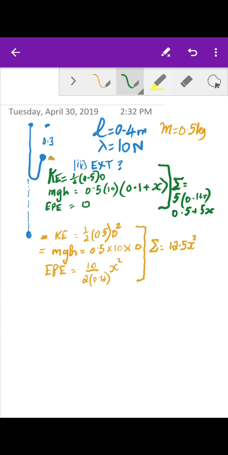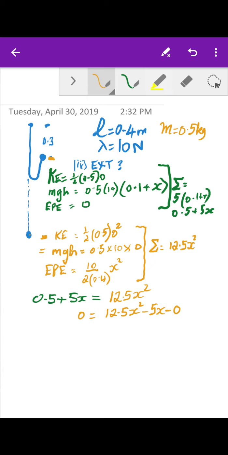Therefore, the sum at the top will equal the sum at the bottom, so we can equate these to be 0.5 plus 5x equals 12.5 x squared. Now get everything to one side, and we will say 0 equals 12.5 x squared minus 5x minus 0.5.